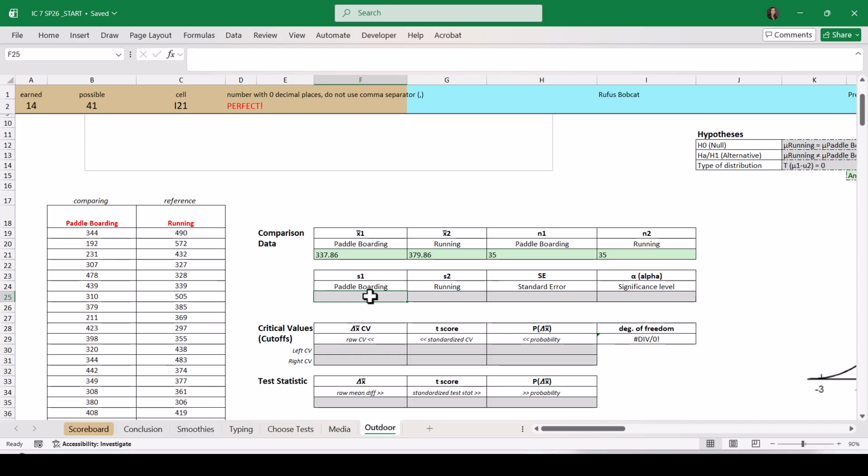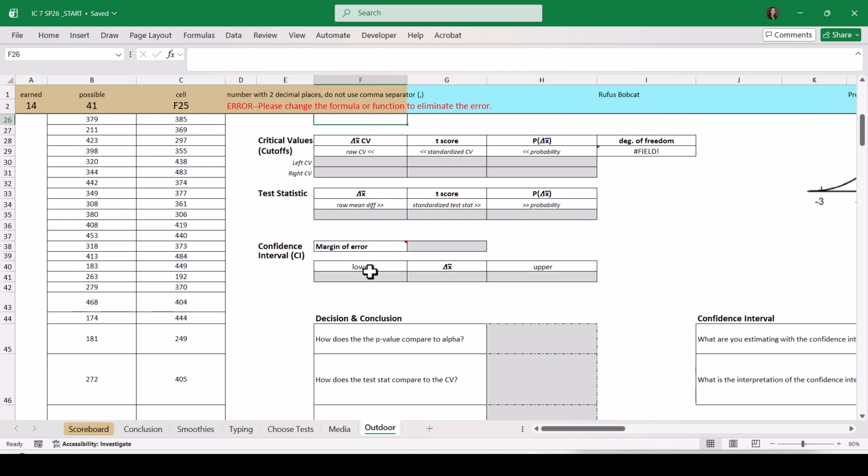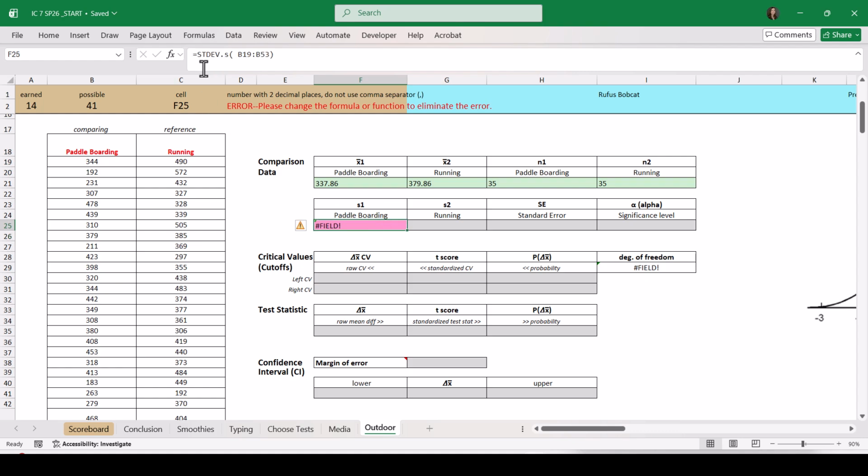All right, S is our standard deviation, so we're going to use the .s version because we're working with sample data. .p is for population data.